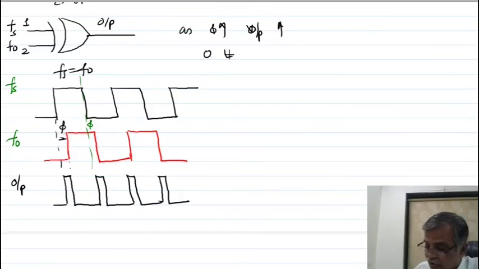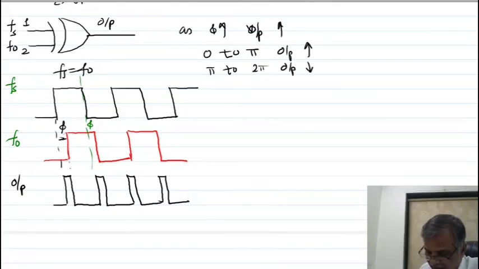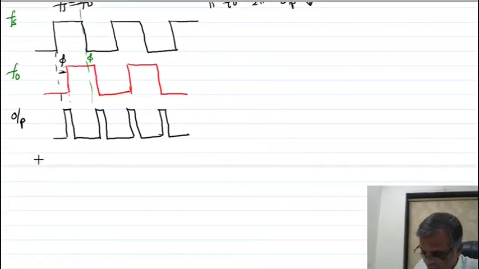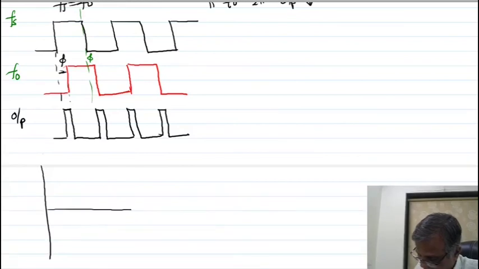From 0 to pi phase, the output increases. From pi to 2 pi, the output decreases. So I can plot the graph in this way. This is the output.